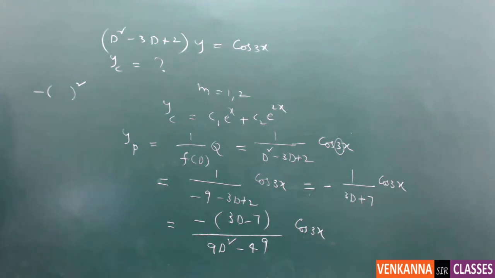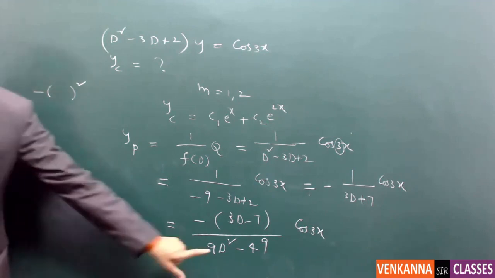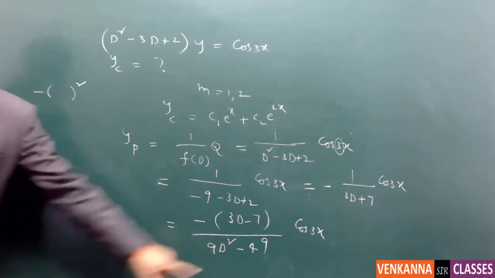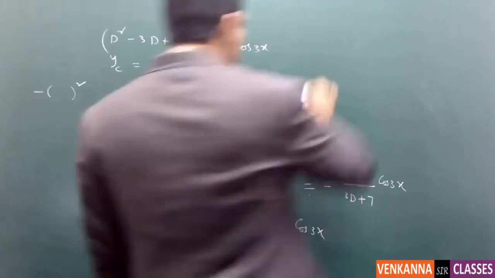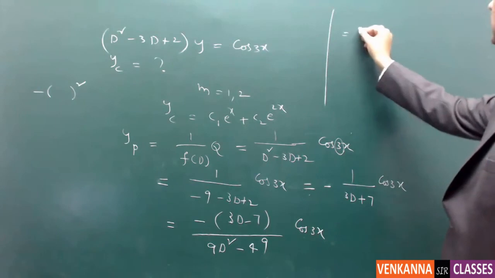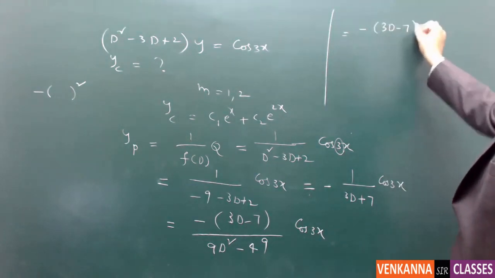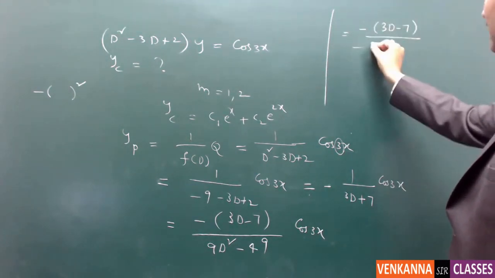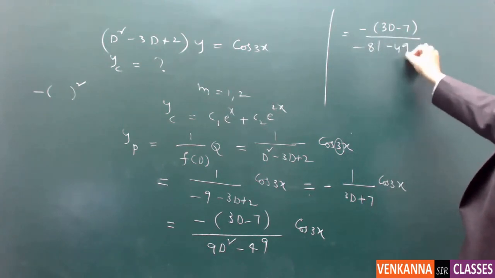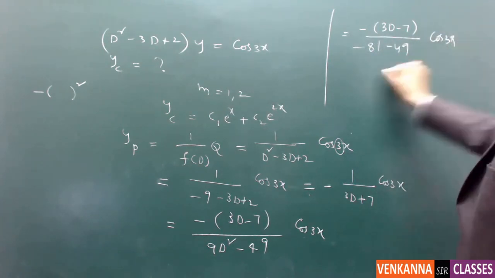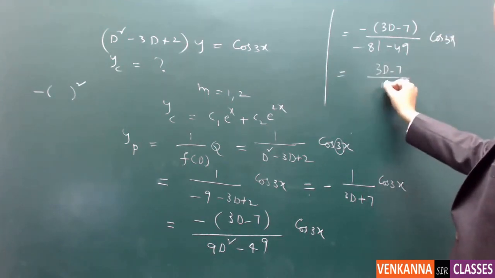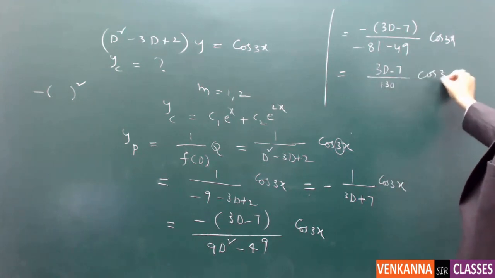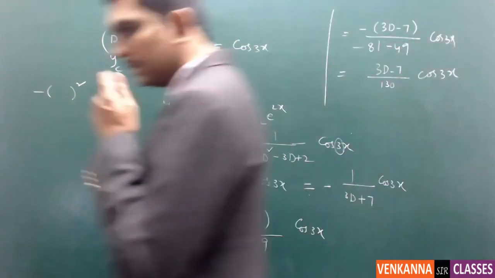After rationalizing, again, D square will be replaced by minus number whole square. So it will be minus of (3D minus 7) by (minus 81 minus 49) cos 3x. So minus gets cancelled, (3D minus 7) by 130 into cos 3x. Please check.